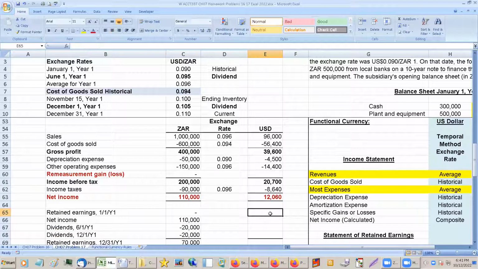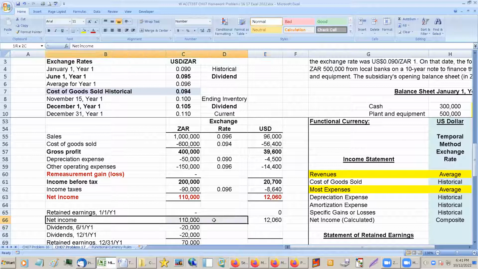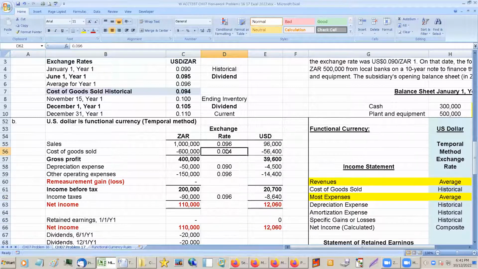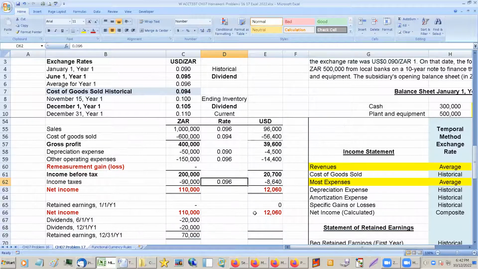Okay, coming down here, retained earnings, 0, net income. You can see on this one, it really is a composite rate. You have three different rates going in there.